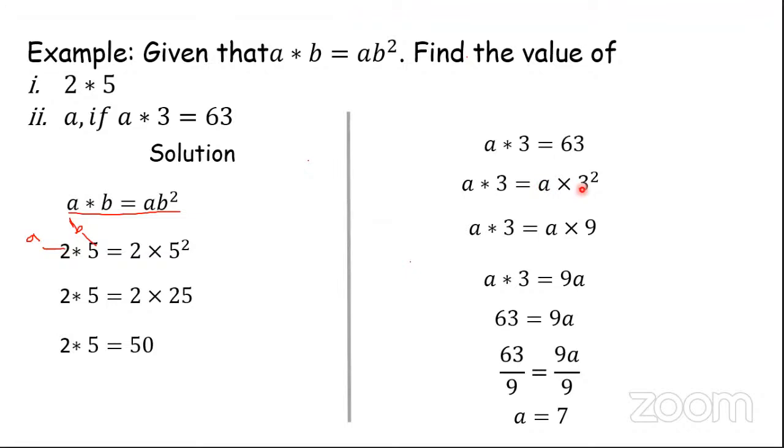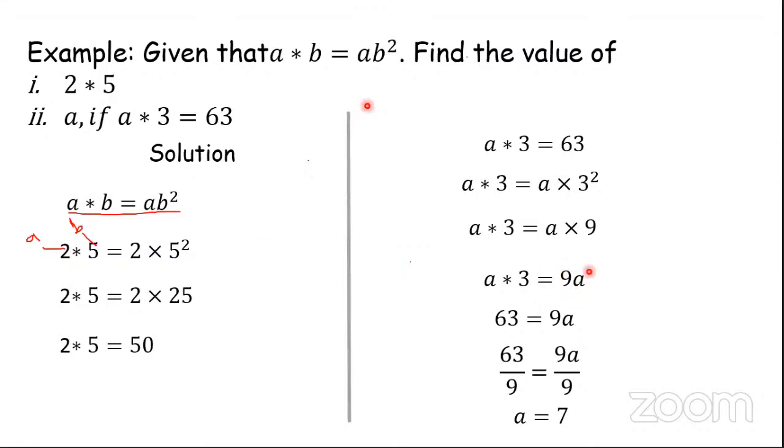And that will be equal to A times 3 squared. What is 3 squared? 9. So 3 squared is 9. So that means we shall have our A star 3 giving us A times 9.